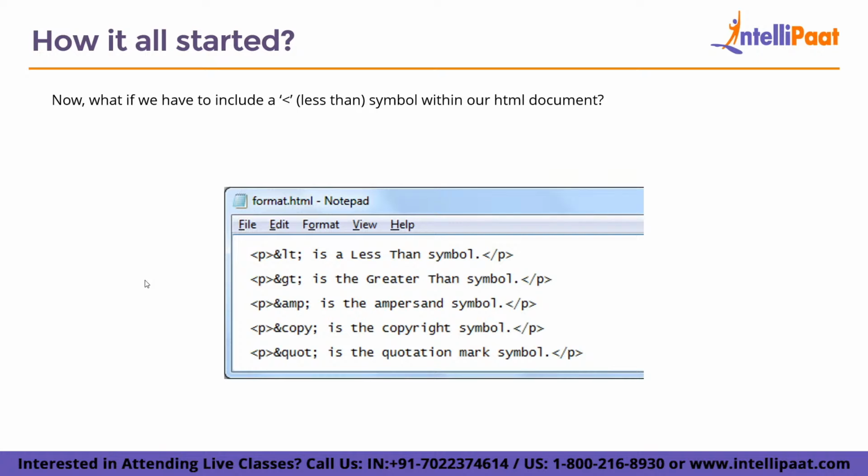And you also have escaping sequences for various other symbols as well: greater than, ampersand, the copyright symbol and the quotation mark symbol as well. By adding this feature called escaping to your HTML document, you can include a less-than symbol without messing up the code.